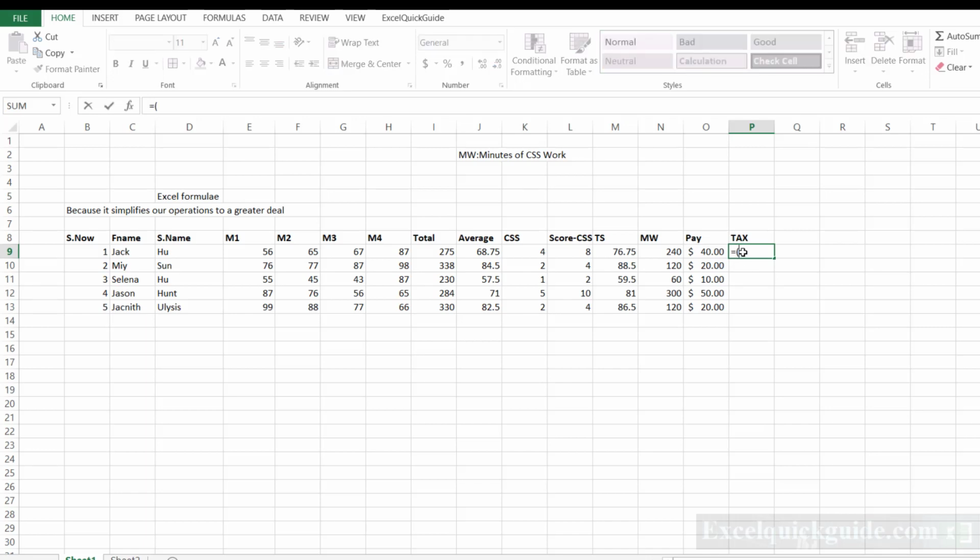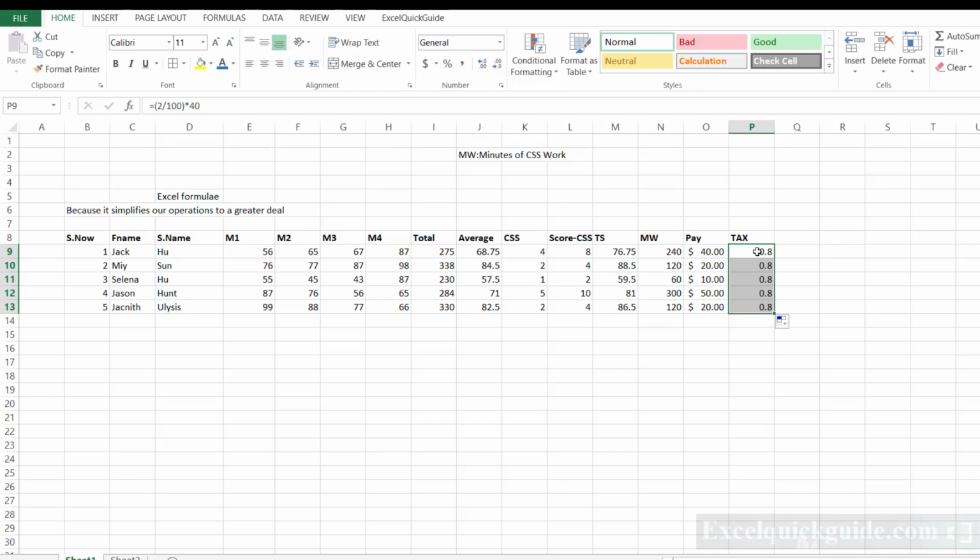So what I'm going to do, I'm going to calculate that percentage. So 2 divided by 100 times $40. So 80 cents. Okay, 80 cents has to be removed from this $40.